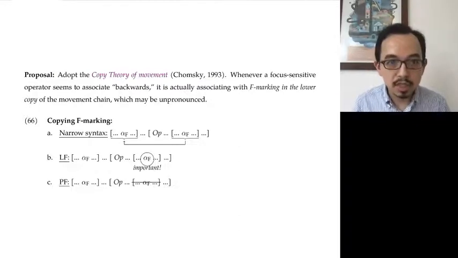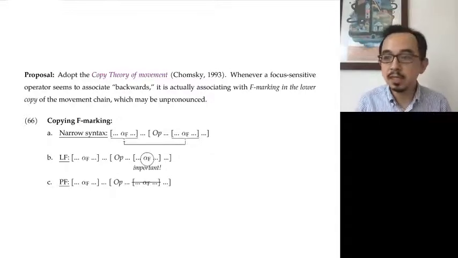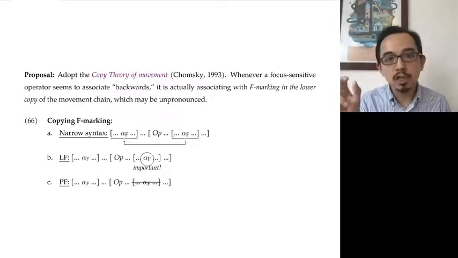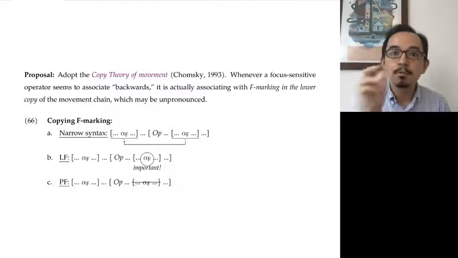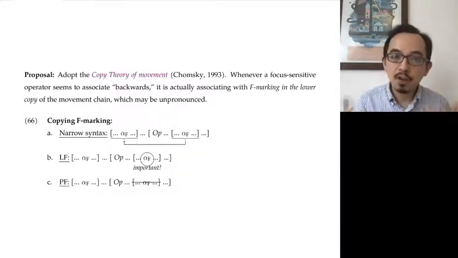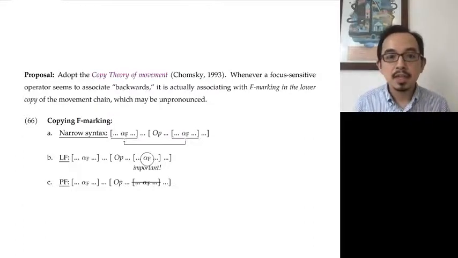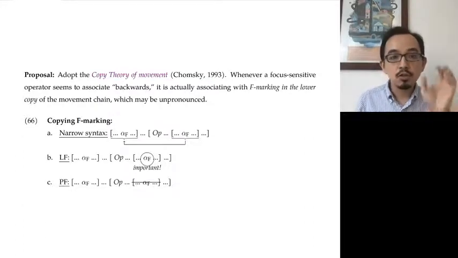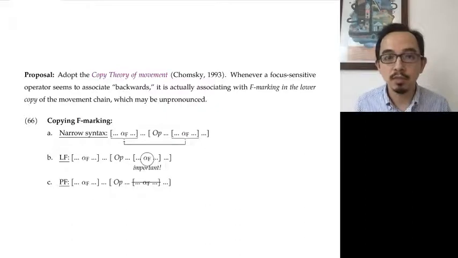So, to schematize this in 66, in the narrow focus, in a copy theory of movement, you have a lower position in the scope of the operator, you move to the higher position, you have copies, and in PF, you only pronounce the higher position for overt movement.